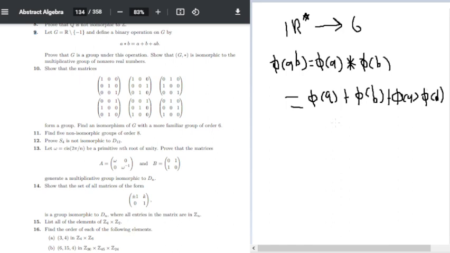So in this example, if b is equal to 1, then we have that phi of a is equal to phi of a plus phi of 1 plus phi of a phi of 1.